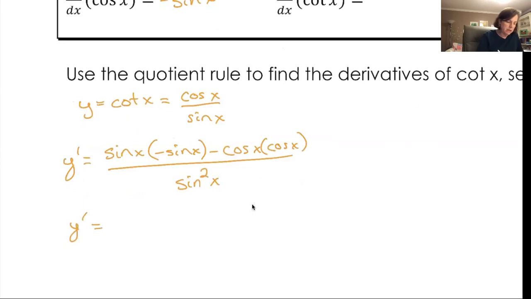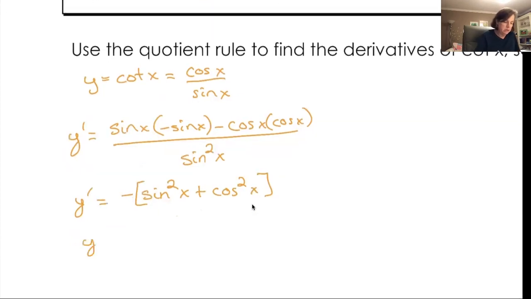So this gives me the opposite of sine squared of x minus cosine squared of x. So I could just go ahead and factor out that negative. I'm hoping you remember some trig identities. Sine squared of x plus cosine squared of x is 1. So this is, oh, I forgot my bottom, of my derivative.